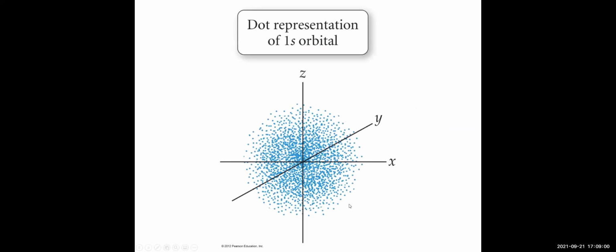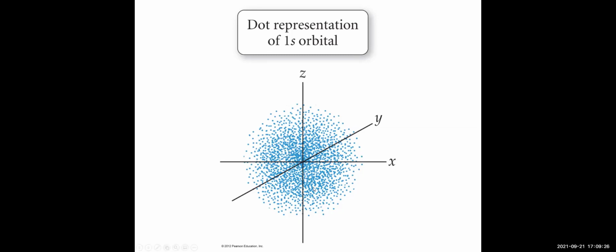Okay, so what is an orbital if we're trying to look at it? Now, it's not really possible to do this, but what I want you to imagine is we have a nucleus right here in the middle. And imagine we took pictures of the one electron at many different times, over and over and over of where the electron is.